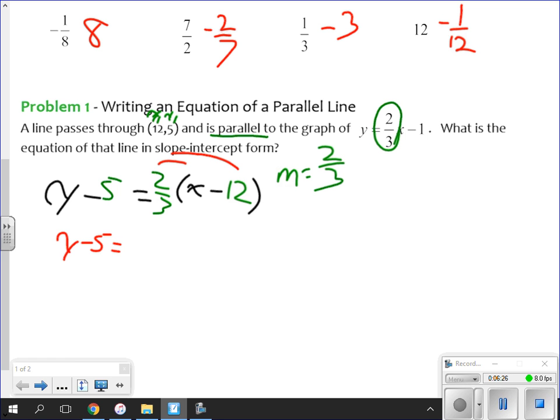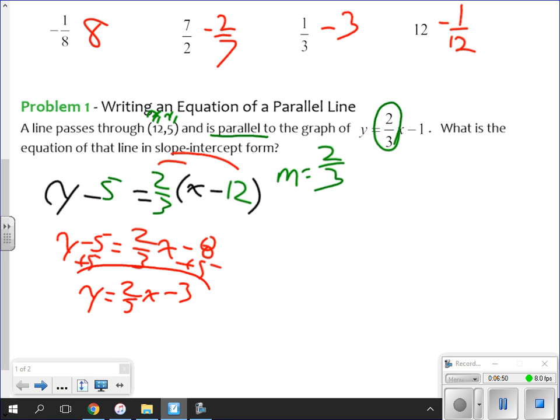Y minus 5 is equal to 2/3 x. 2/3 times negative 12 is negative 8. And if you're doing this on your own work, just use your calculator if you need to. And then I need y by itself, so I add 5 to both sides. Y equals 2/3 x minus 3.